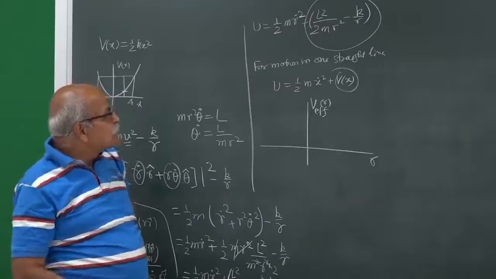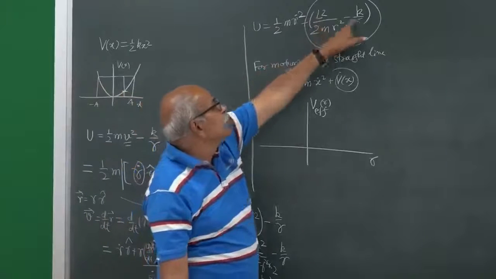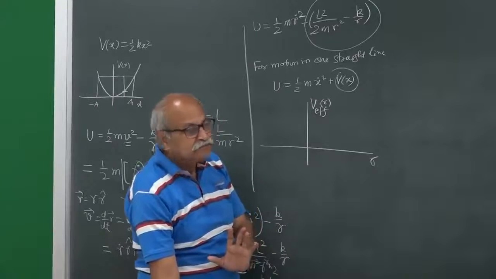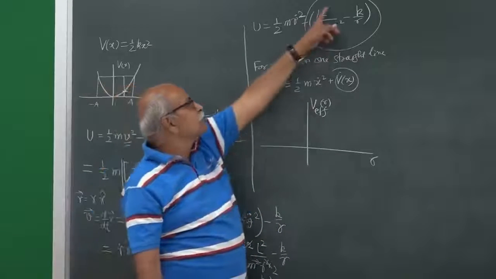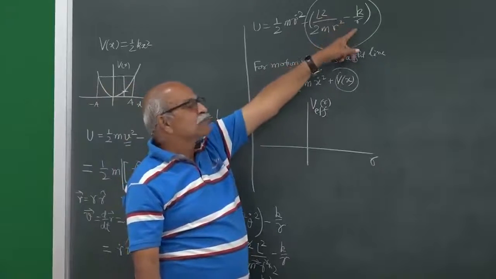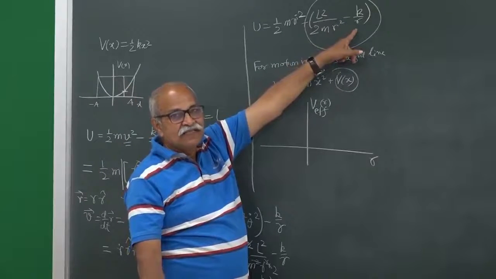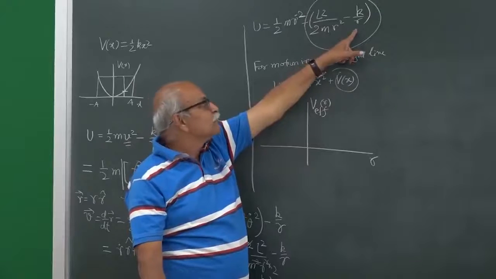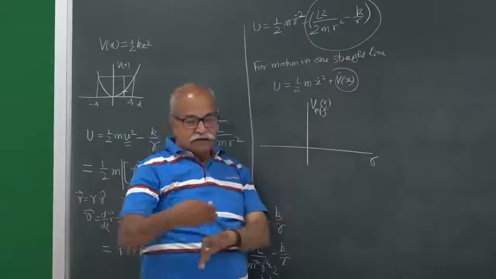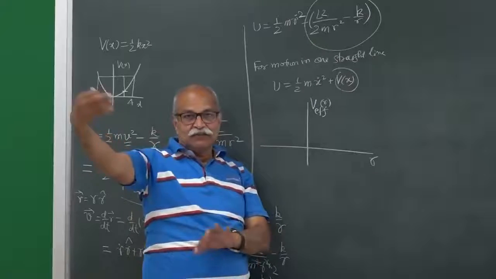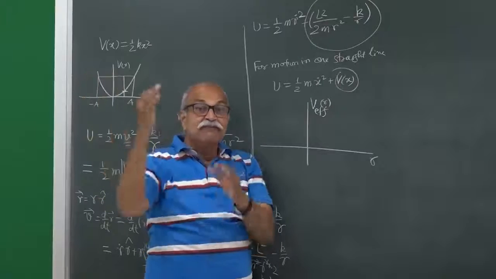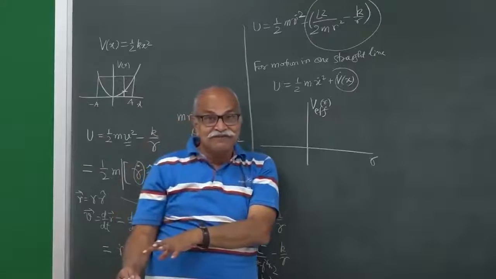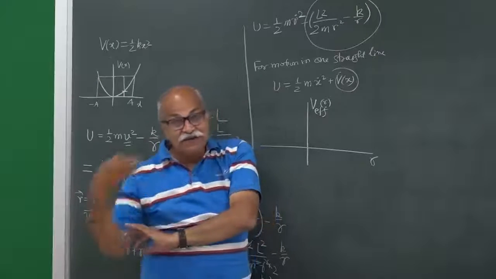The actual plot will depend on the actual values of L, m and k, but we can still get information about the shape. There are two terms here, one proportional to 1 by r square, another proportional to 1 by r. If r is very small, much smaller than 1, then what will happen? 1 by r becomes very large, and 1 by r into 1 by r will again be very large.